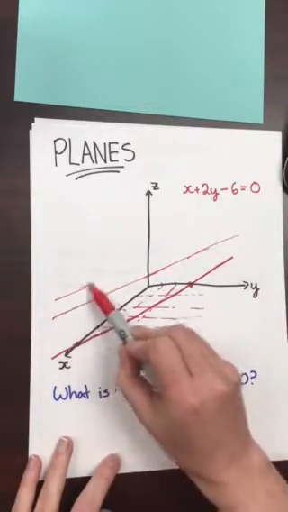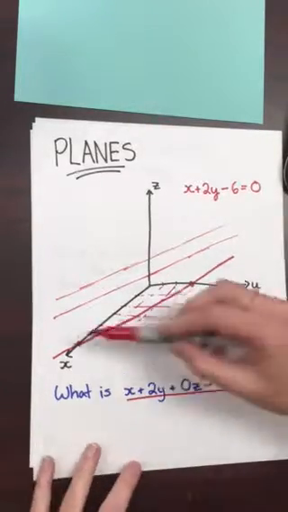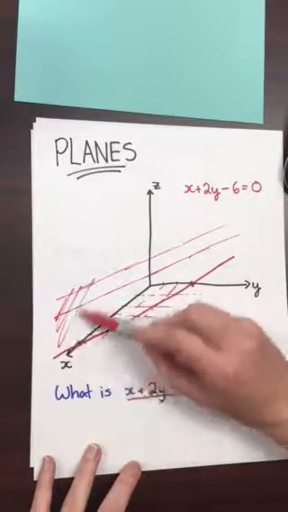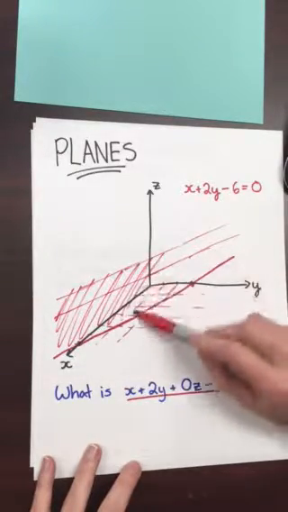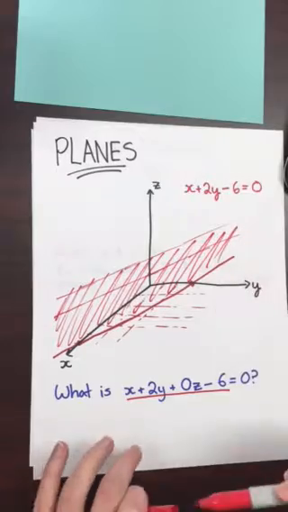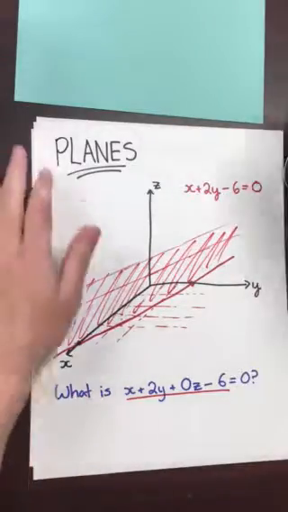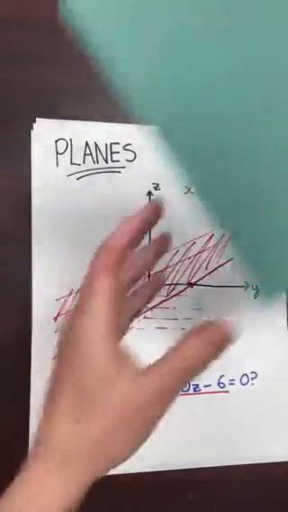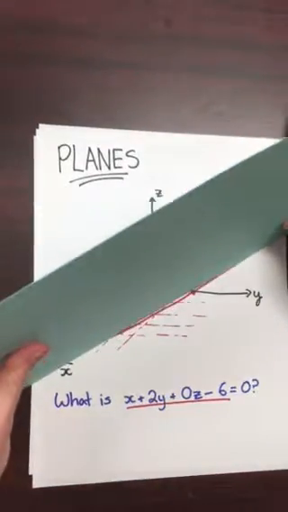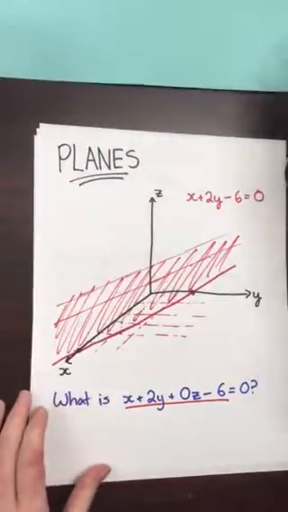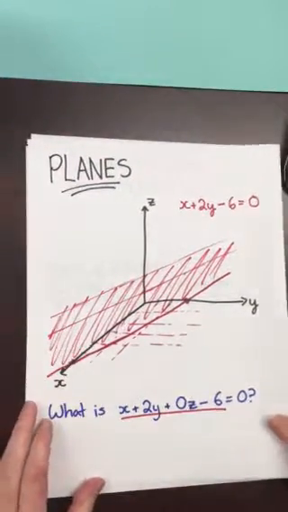Maybe z could be 3, a little bit higher. What I'm creating is a wall here that rises up above that line. If I were to do it in 3D, my plane is literally sticking up off of the ground like that. So that's kind of what a plane is.